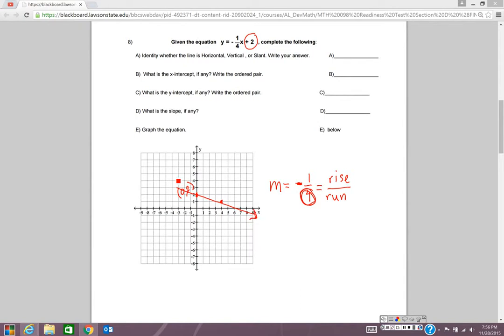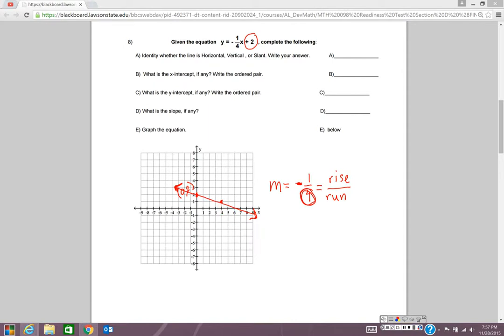Put some arrows at the end of your line, which suggests that the lines are continuous. They never stop. And that's how you graph using your knowledge of the intercept and the slope.